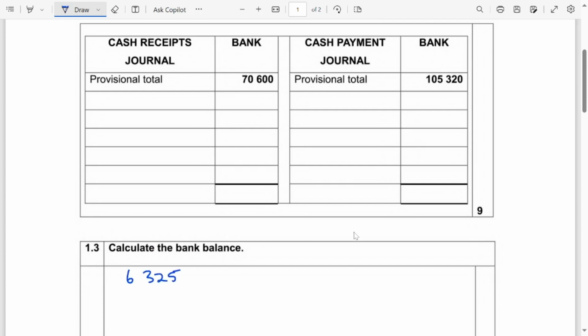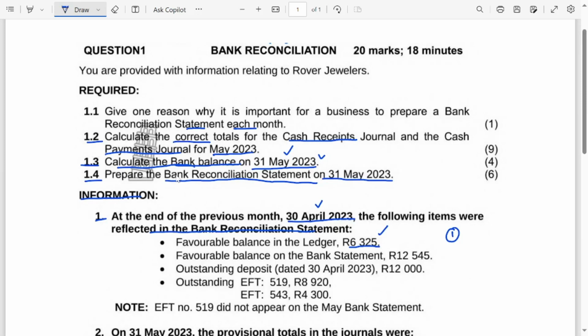Now I want you to note this: if they said it's an unfavorable balance, we were going to write it as a negative 6,325. Okay, now it is given here other balances, but I want us to come here.